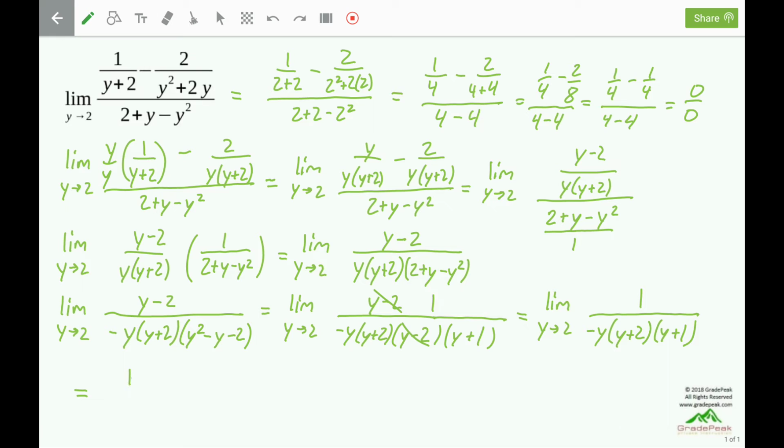So this is going to come out to 1 divided by negative 2 times 2 plus 2 times 2 plus 1, which is 1 divided by negative 2 times 4 times 3. The negative in the denominator is just going to make the overall negative. So we have negative 1 over 2 times 4 is 8 times 3 is 24. A negative 1 over 24.